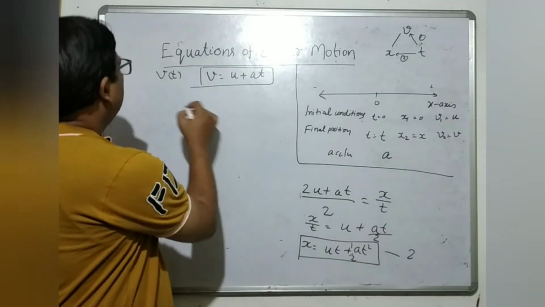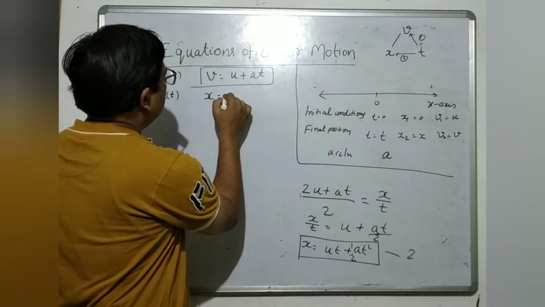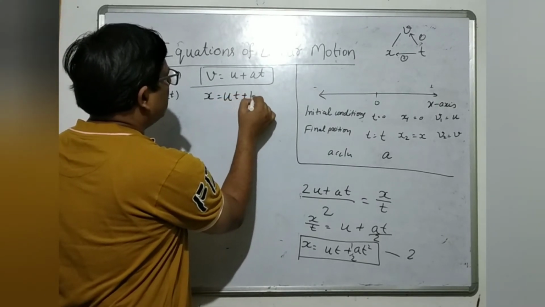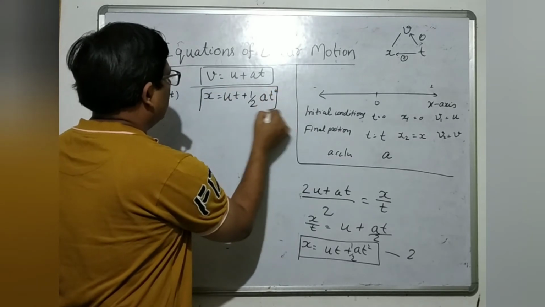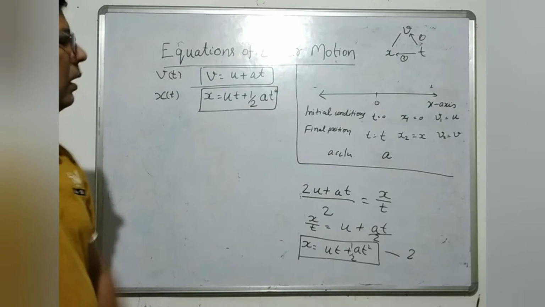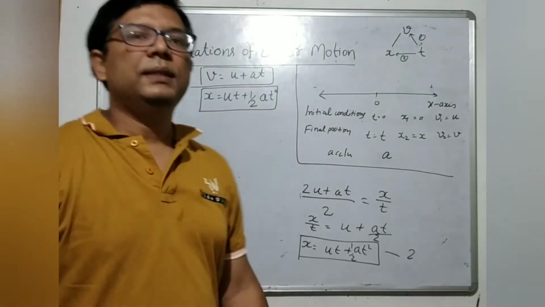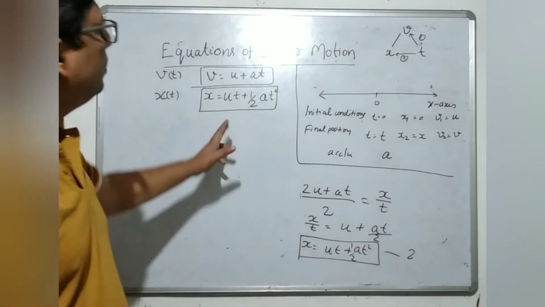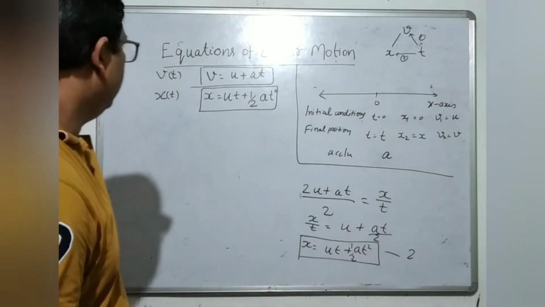So we have got x and t. How? x is equal to ut plus half at square. So we have achieved two equations. One is how velocity changes with time, another is how displacement changes with time. Now we want to know how velocity and displacement are interrelated.